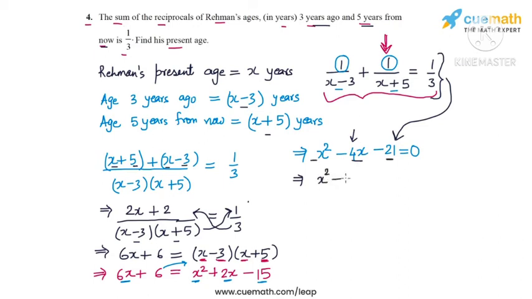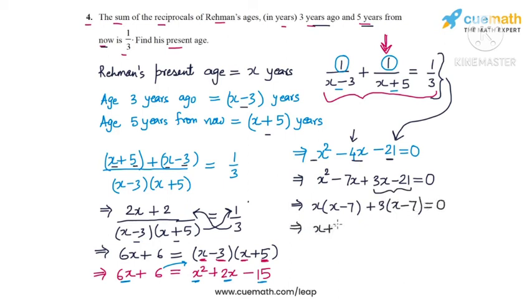So we get x square minus 7x plus 3x minus 21 equal to 0. And now from the first pair of terms we can take out x common, so we get x minus 7, and from the second pair of terms we can take out 3 common, so we get 3 times x minus 7, so this is equal to 0, and this means that we get x plus 3 times x minus 7.